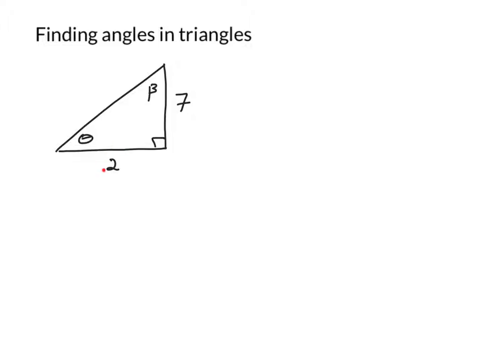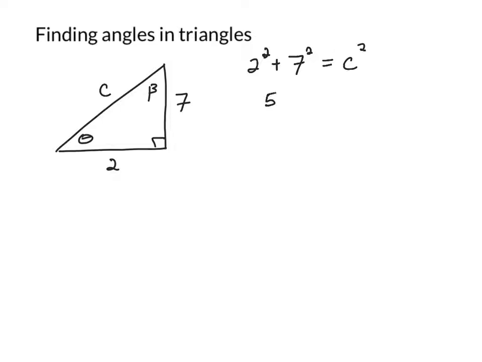To start, I'm going to try to figure out what this hypotenuse is. To do that, I'm going to use the Pythagorean theorem, which tells me 2 squared plus 7 squared is equal to c squared, where I'm going to call this c for right now. On the left-hand side, 2 squared is 4, 7 squared is 49.